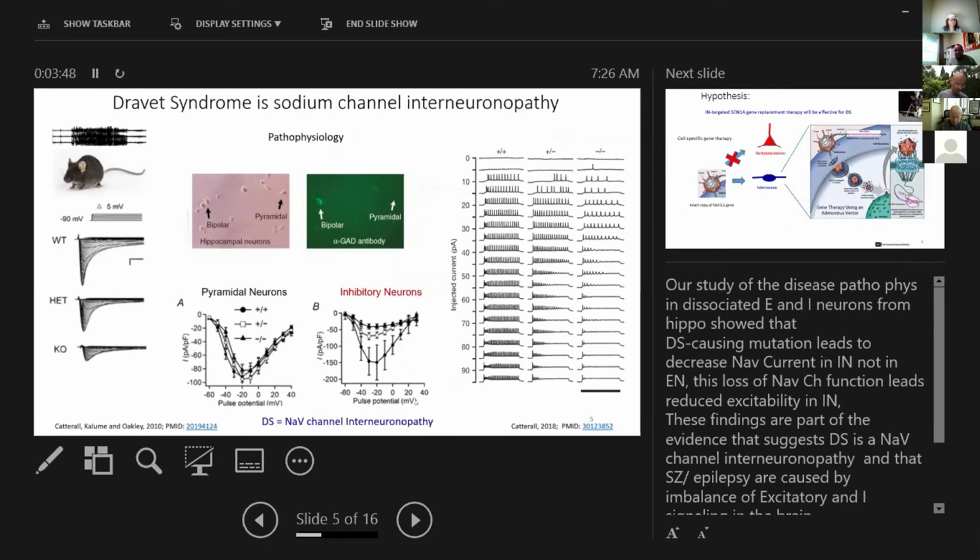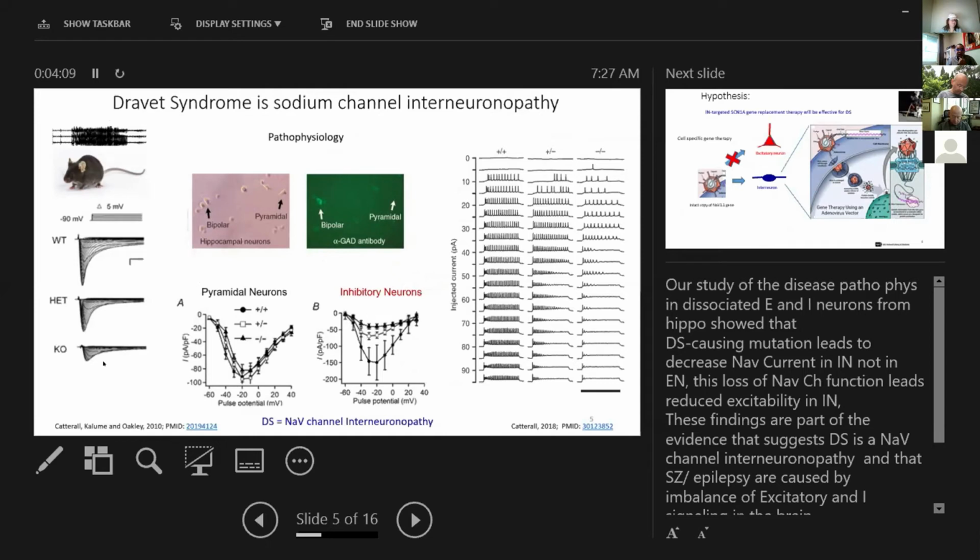And so the work that I'm presenting today is based on our extensive study of the pathophysiology of the disease and our work in dissociated excitatory and inhibitory neurons.